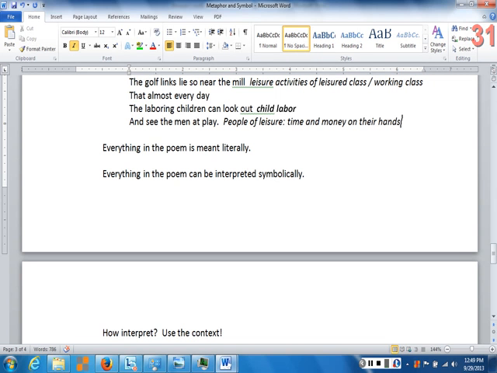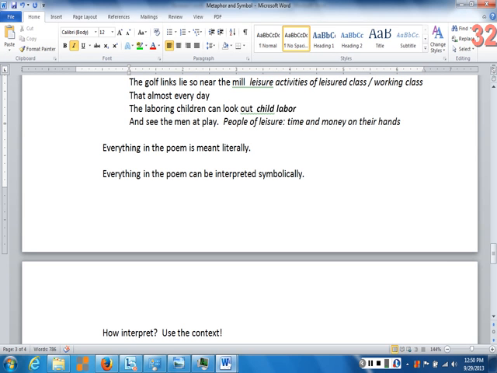And we say, okay, in this context then, I can say golf links and the mill, the factories, or the men at play versus the children working, I can say these things symbolize the division of the classes in society between, I'm going to say, the haves and the have-nots, right?